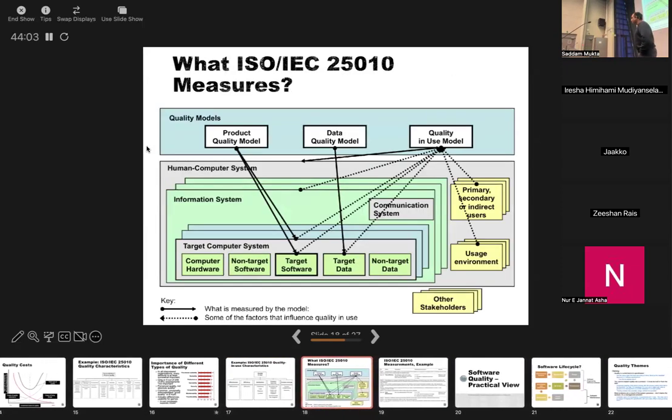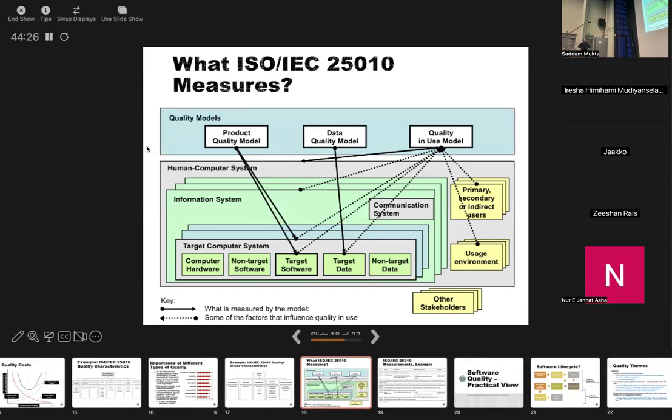So this is one integrated model, that is ISO/IEC 25010. Here you can see that we have three different types of quality. One is product quality, one is quality in use, and another is the data quality model.